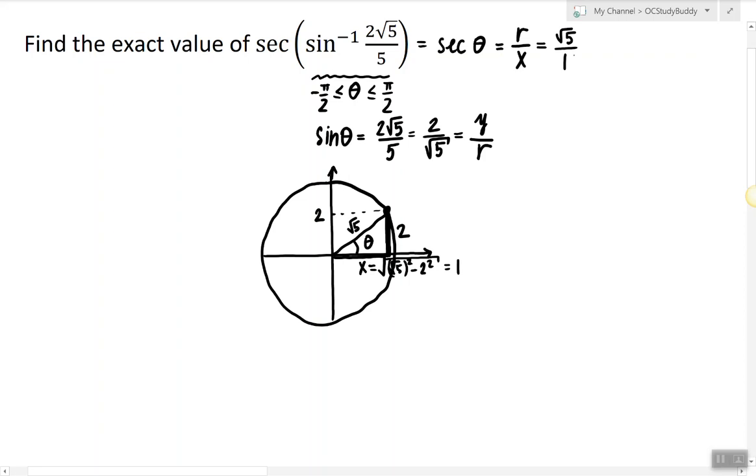Interestingly enough, we can also, using the same picture, answer other questions like this. So we also know what's cosine of sine inverse 2 radical 5 over 5. We also know what tangent is. We also know what cotangent is.